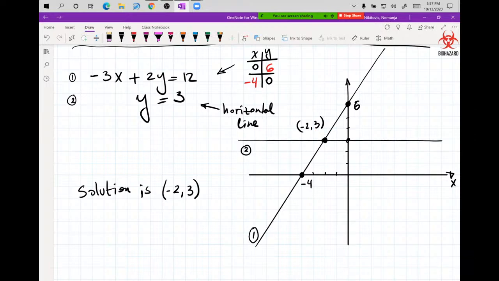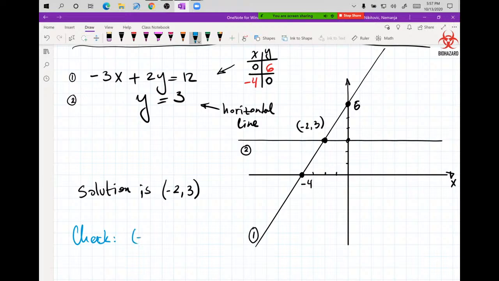We have line 1 and line 2. So to check, and again, don't lose points. If the problem says solve and check, make sure you do the check procedure because it brings points. Last time, a lot of points were lost across the board because you guys didn't do the check procedure at all.